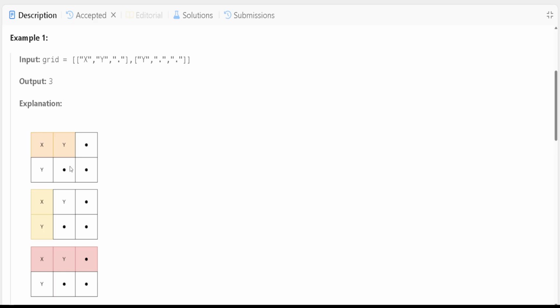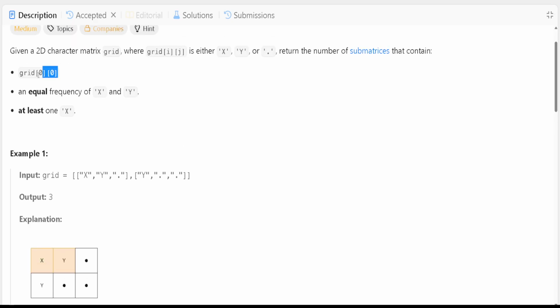You should not try any of those, because they count submatrices from anywhere, whereas the problem wants submatrices that start from 0 0. We have to count only the submatrices that start from the grid cell 0 0.